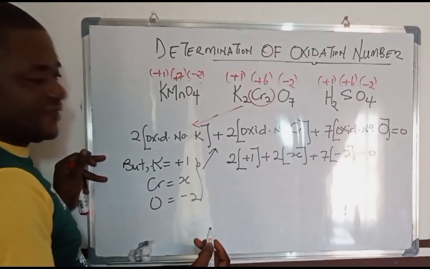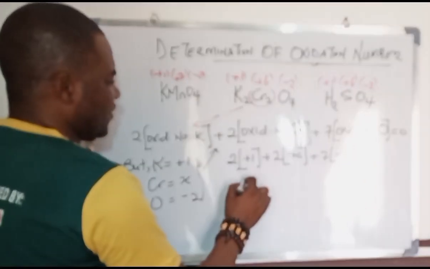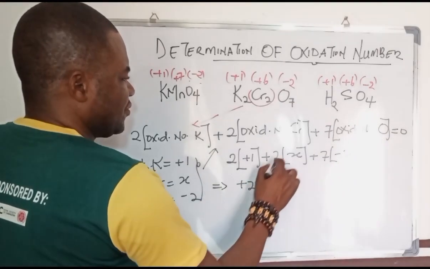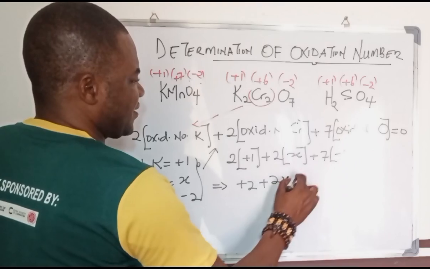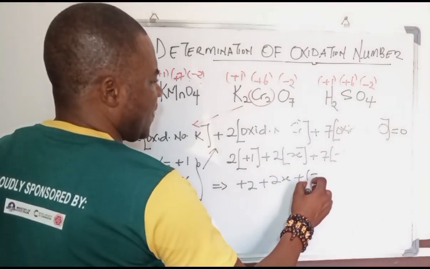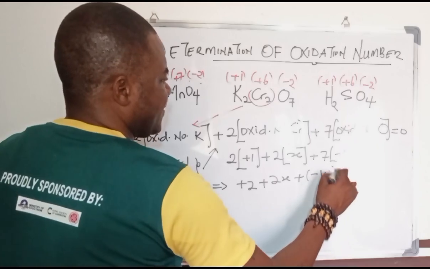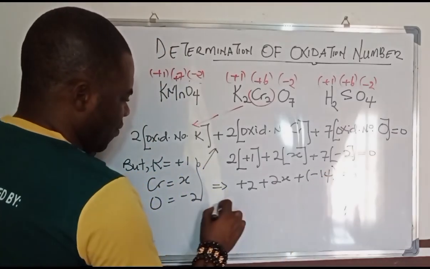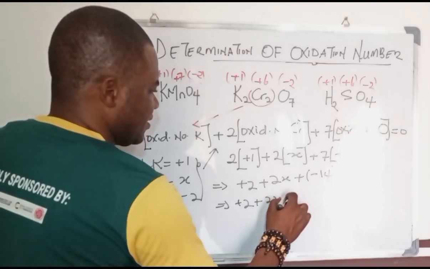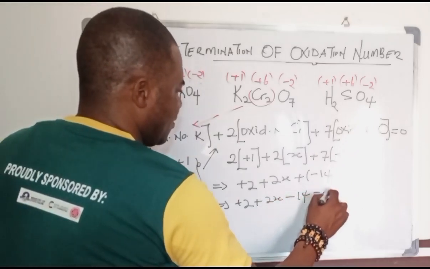Now we can work this. 2 times 1 will give us +2, plus 2 times x will give us 2x, plus 7 times this will give us -14 equals 0. When we bring this out, we have 2 plus 2x minus 14 equals 0.